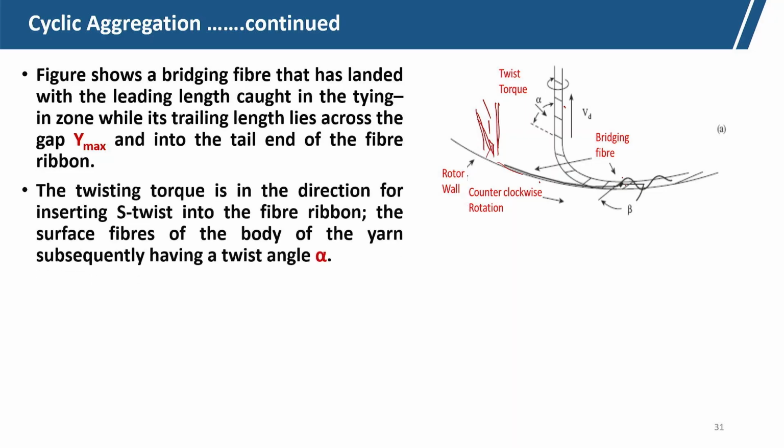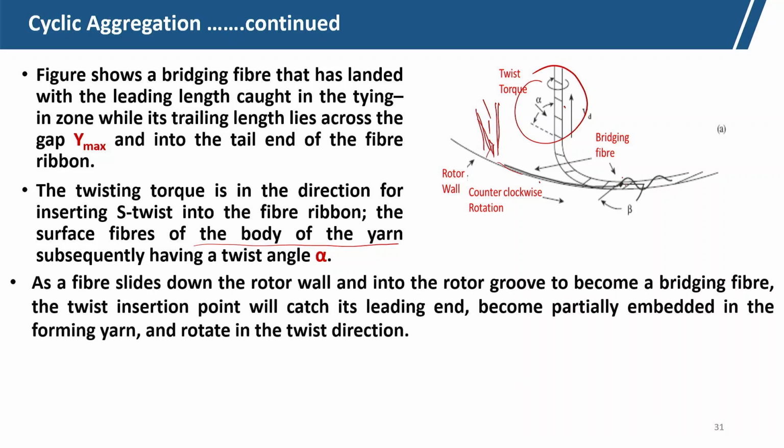The twisting torque is in the direction of inserting S twist to the ribbon of the fiber, and the surface fiber body of the yarn subsequently has twist angle alpha. So, that is the alpha twist angle, the actual twist, and the bridging fiber will have a twist at beta degree.